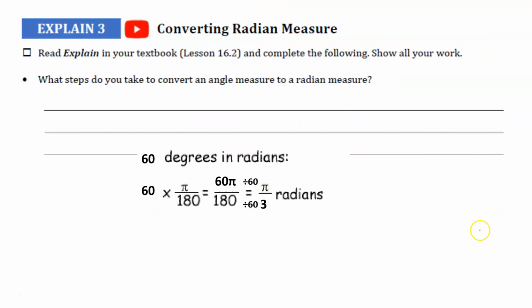Okay. All right, so one of the other examples they asked us to do is explain 3, converting radian measure. So on here it says, what steps do you take to convert an angle measure to a radian measure? So let's say I have a degree of 60 degrees. What I'm going to do first is multiply the degree of 60 by pi over 180.